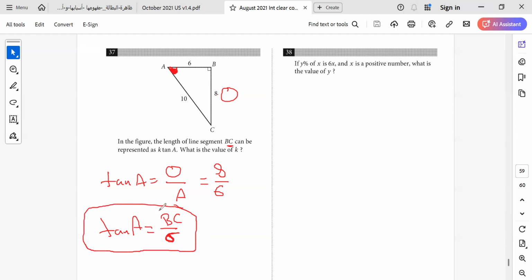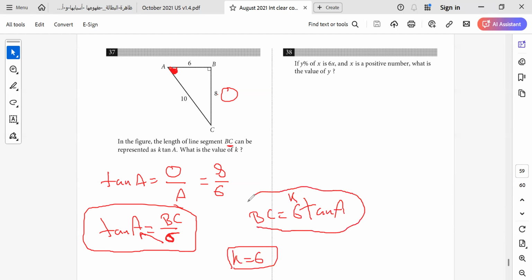Tan A is opposite over adjacent. We need BC as the subject, so cross multiply. BC equals 6 tan A. That's the value of K. K equals 6. You need to represent BC as K tan A. That's it.